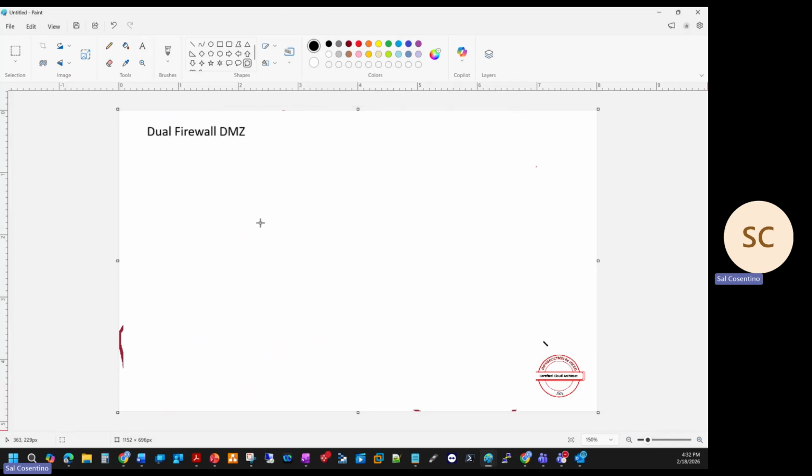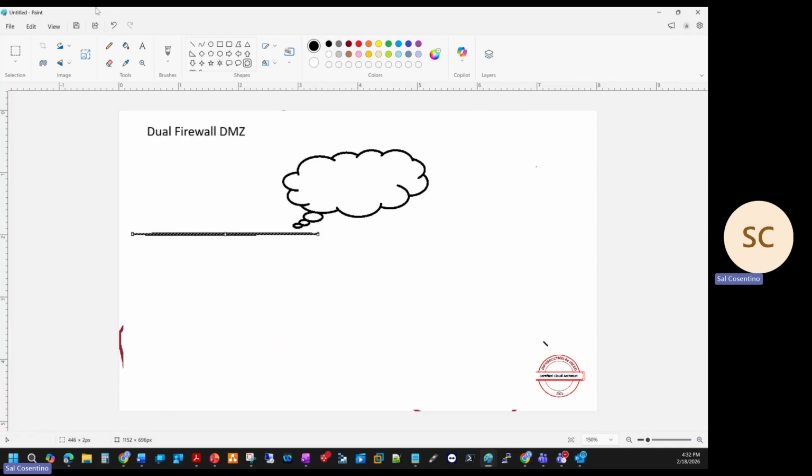We're going to draw it where you're coming from the internet, and you've got your external firewall, outside. So you have your divisions of outside to inside. Understand there's an external and an internal. I'm going to make this a big gray line.